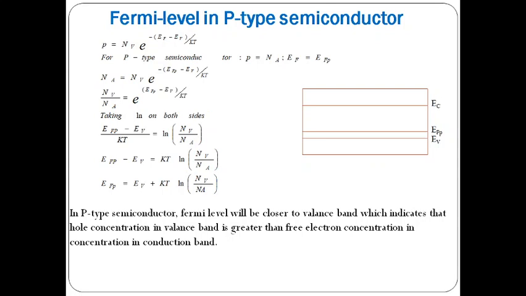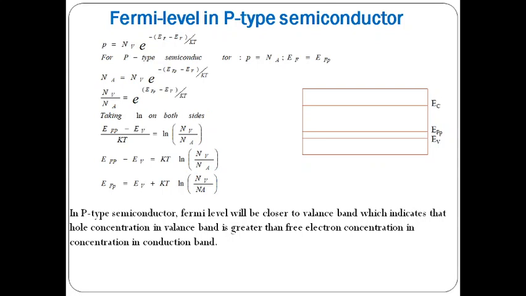In a p-type semiconductor, we know the concentration of holes P equals Nv into e power of minus (Ef minus Ev) by kT. For a p-type semiconductor, P equals Na, that means the acceptor concentration, and Ef equals EFP, which indicates the Fermi level of the p-type material. Therefore, we can write Na equals Nv into e power of minus (EFP minus Ev) by kT.